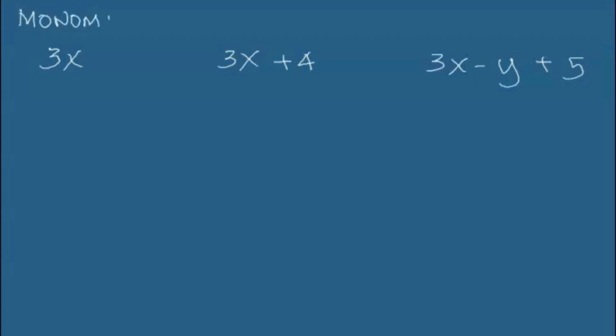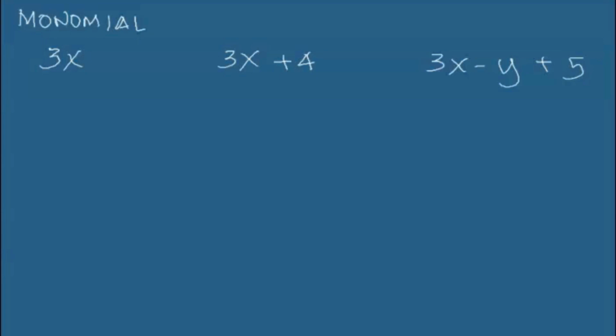So when we say we have the term 3x or 3x plus 4 or 3x minus y plus 5, so these are polynomials that is combined by addition, subtraction, multiplication, or division. So for the first example, 3x, this is a monomial because it has only one term.